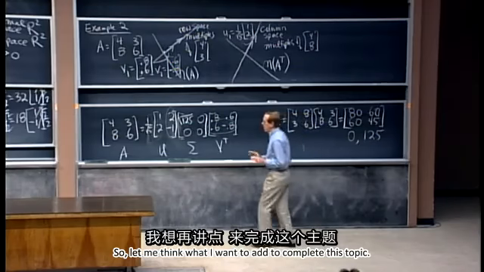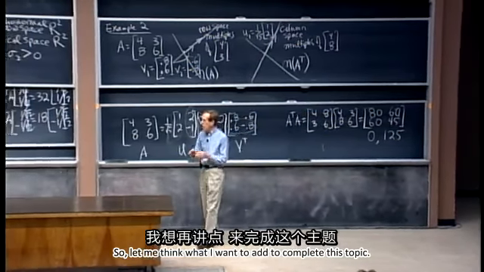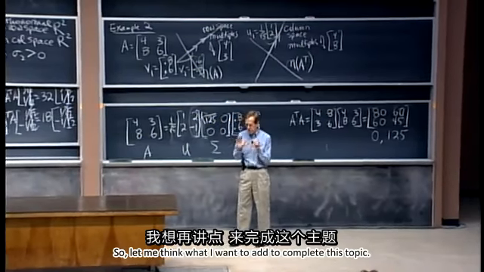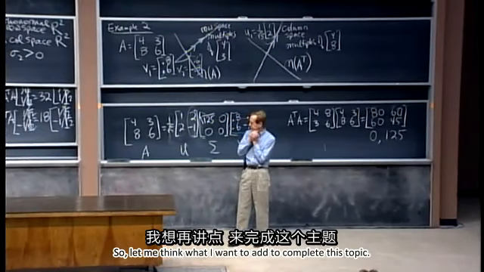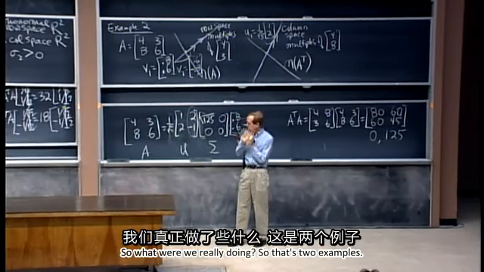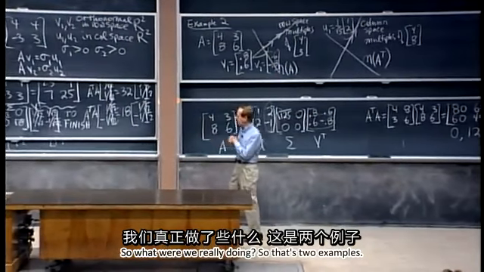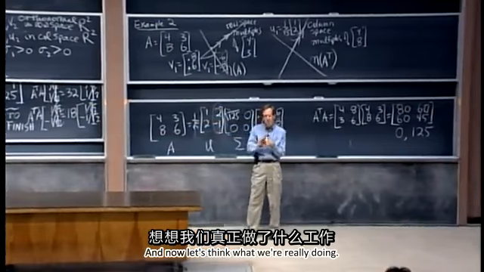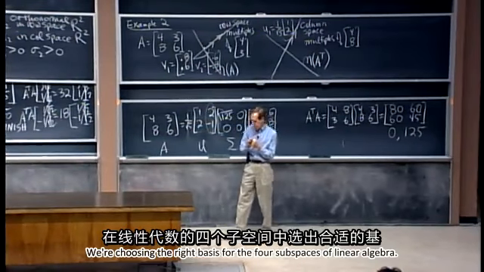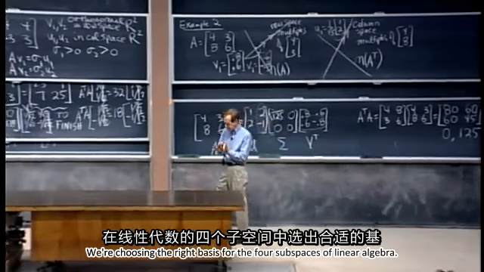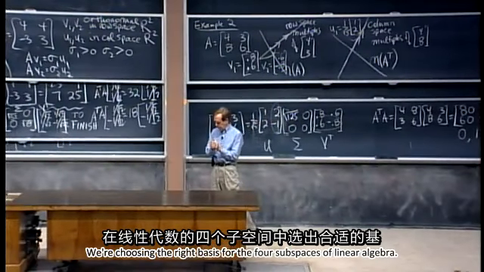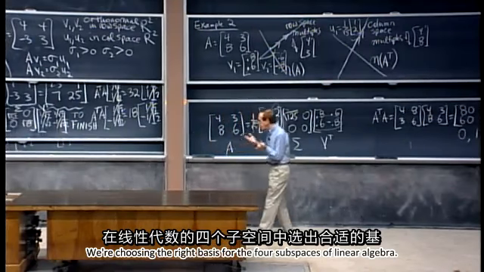So let me think what I want to add to complete this topic. Sort of what we're really doing. So that's 2 examples. And now let's think what we're really doing. We're choosing the right basis for the 4 subspaces of linear algebra.